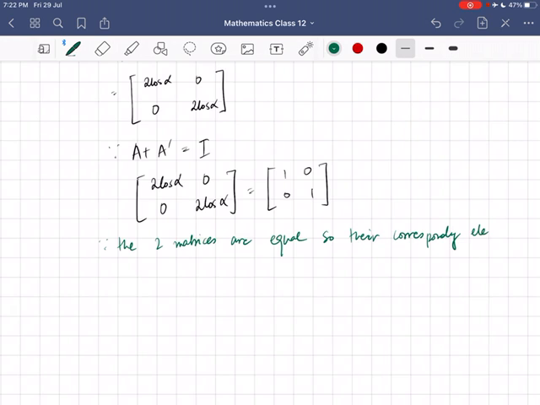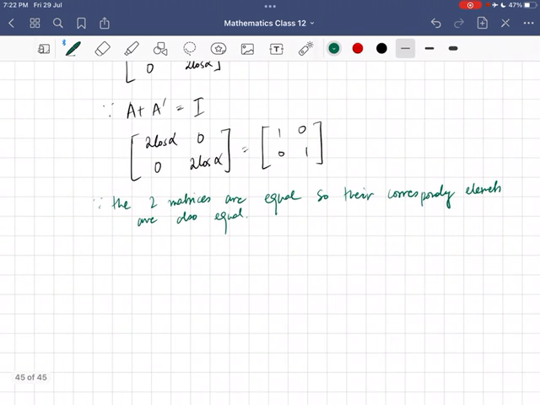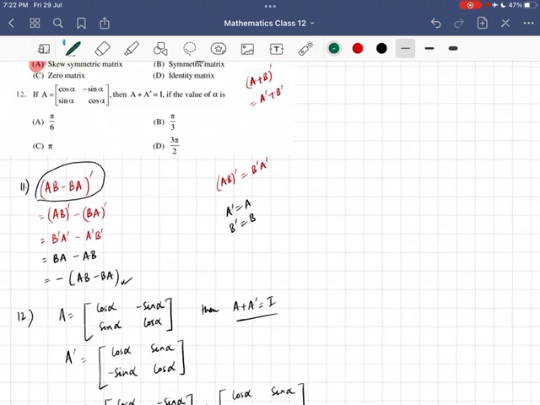So 2 cos alpha is equal to 1. Therefore cos alpha is equal to half. For what value is cos half? That is pi by 3, that is 60 degrees. So here the answer will be option number B. Okay, so that's it.